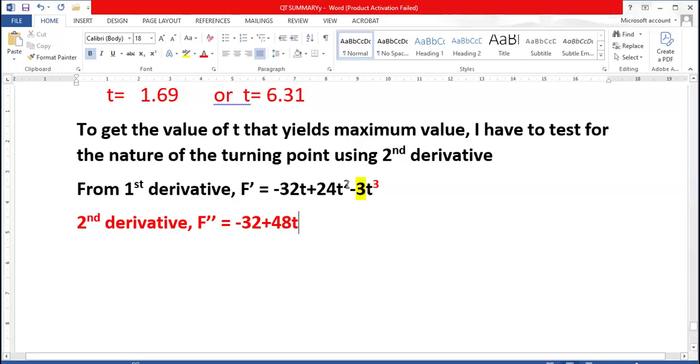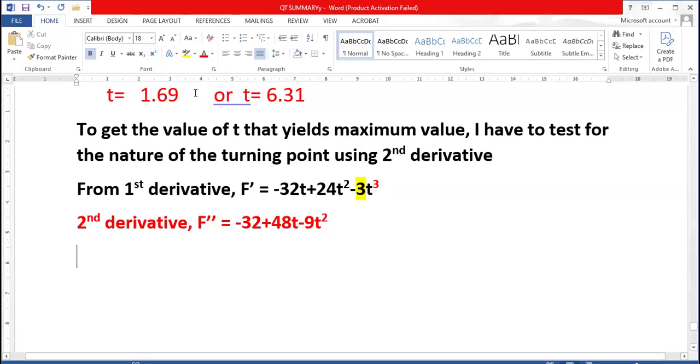You reduce the original power by 1, so you'll be left with 1 minus the 3 times 3, that is 9, t power 2. So that is the second derivative.